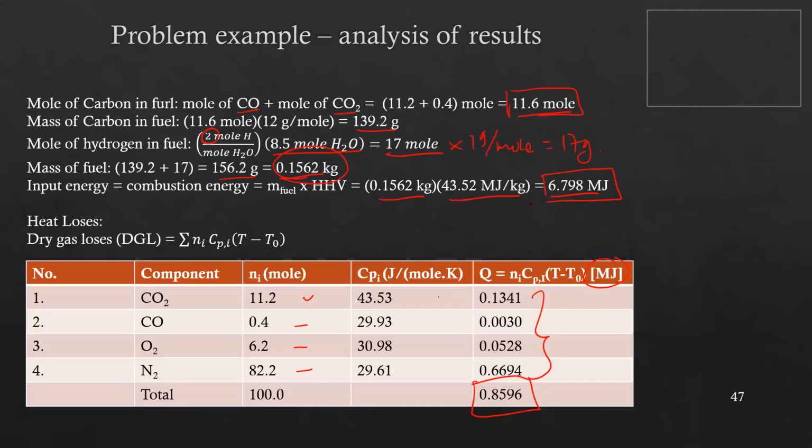Previously, for the dry gas losses we used the mass of the flue gas, which is m_fg multiplied by the heat capacity of the flue gas multiplied by the temperature of the flue gas minus T reference. This is another formula that can also be used to calculate the dry gas losses, which is the summation of the moles multiplied by the heat capacity multiplied by the temperature difference between the exit flue gas and the initial or reference temperature.